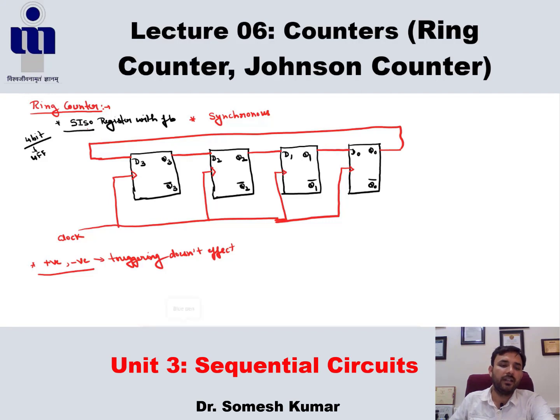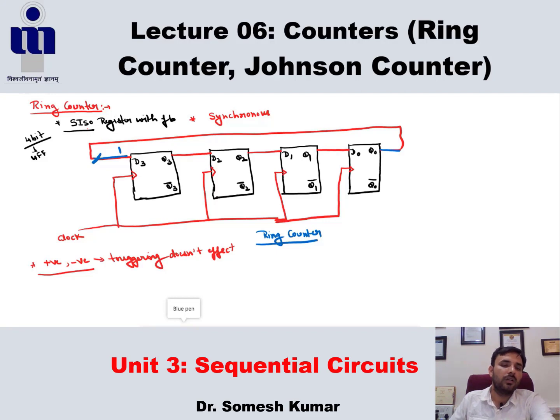Why is it called the ring counter? Because its circuit is in the form of a ring, meaning output is given to the input. That's why it is called the ring counter. It is also called the one shot counter because first we have to disconnect this feedback from here and give the input here.